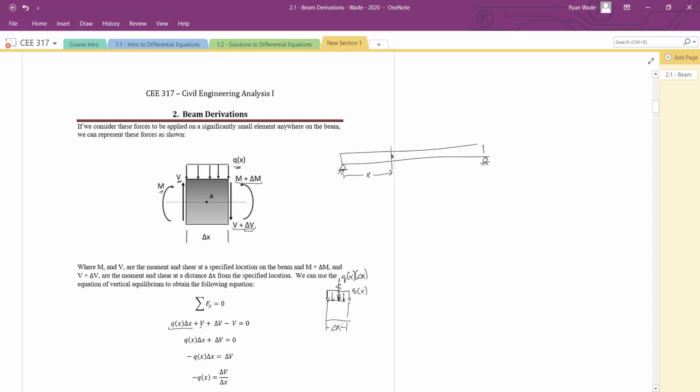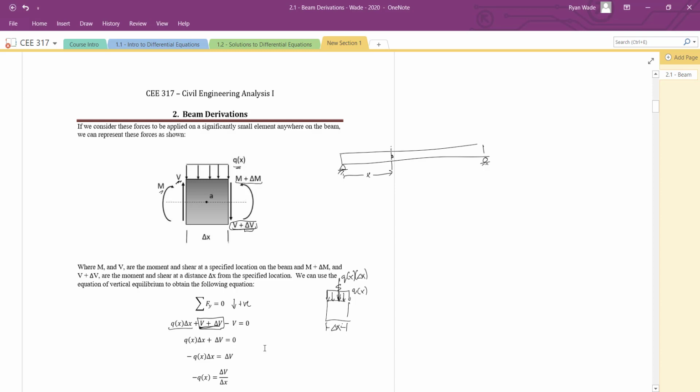So that's that term. We have our V plus delta V from our right-hand side here, so that's this term. And then our minus V. In this case, I said that the sum of the forces in the y direction, down is positive, for whatever reason.